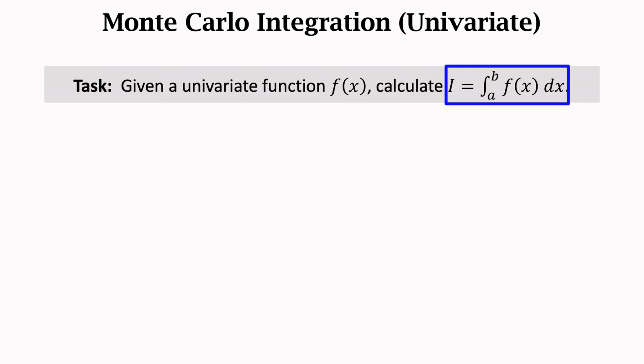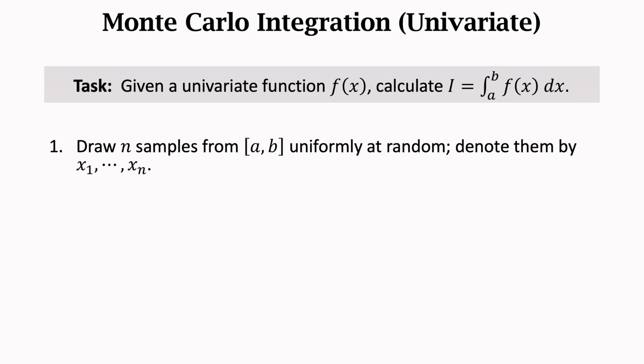Denote the integral by I. Monte Carlo integration approximately calculates the integral in 3 steps. First, draw n random samples from the interval a to b uniformly at random. Let the samples be scalars x₁ to xₙ.